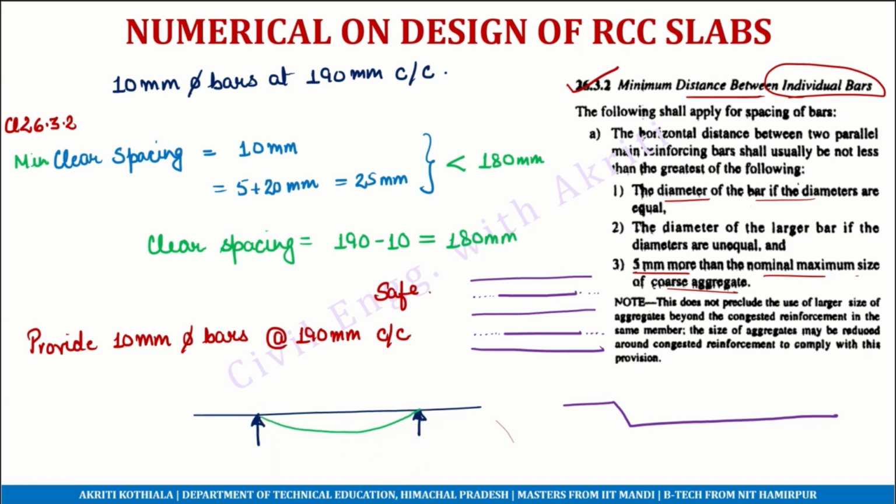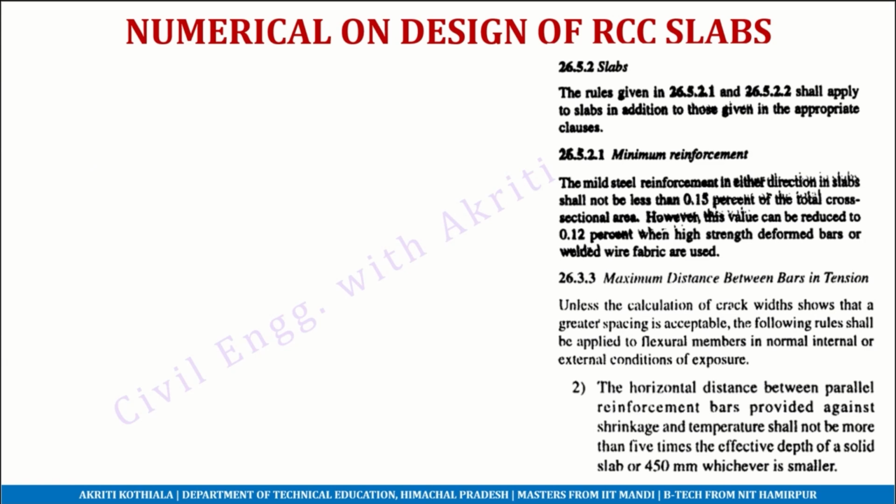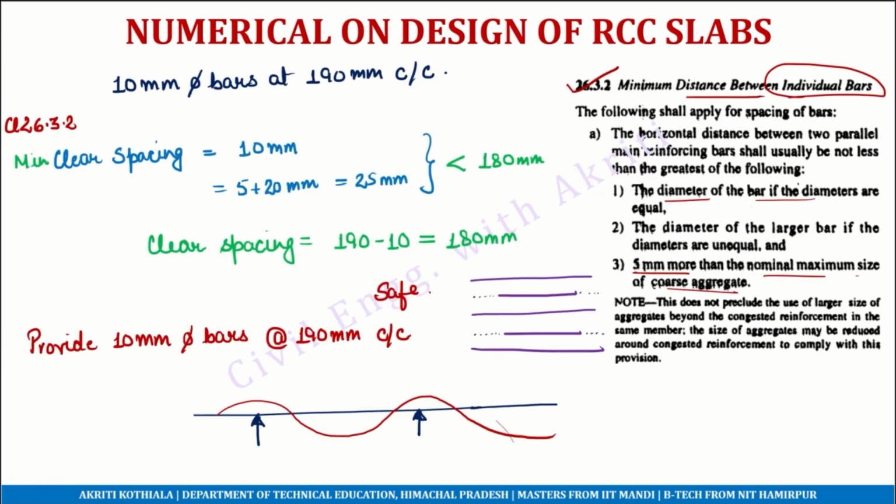But over the supports in a continuous slab or beam or whatever element we are talking about, there can be a reversal of load during an earthquake or any circumstance, or in general, that at the point of the support there is hogging instead of sagging.